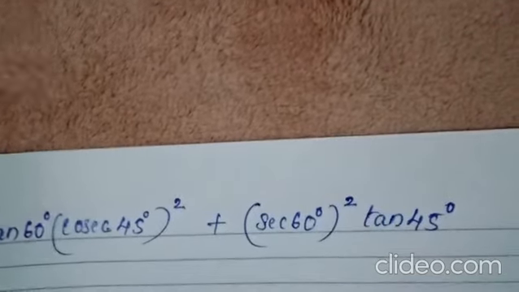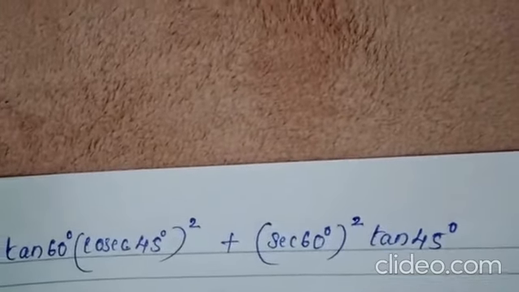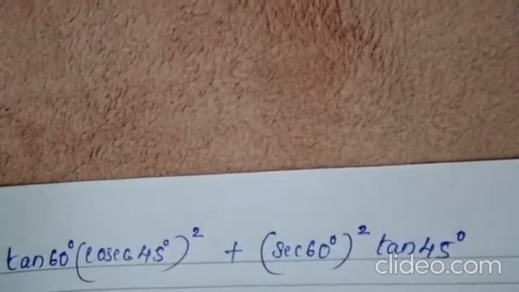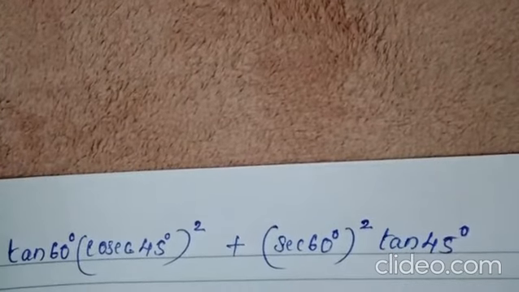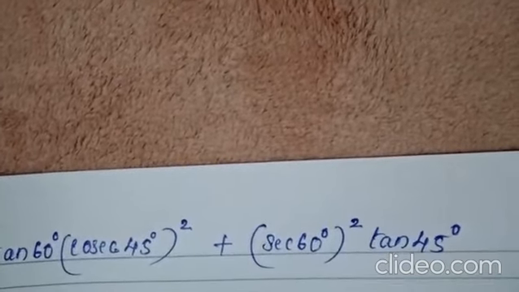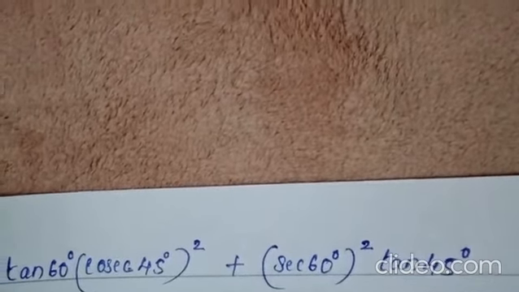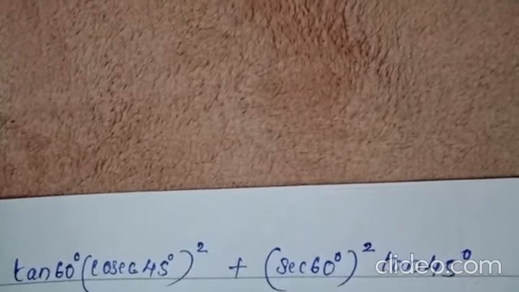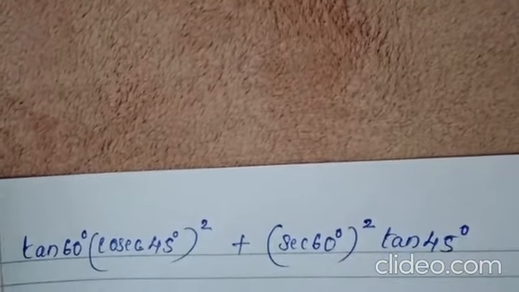The next question is from trigonometric ratio. Evaluate tan 60 degree cosec 45 degree whole square plus sec 60 degree the whole square tan 45 degree. In this case, we should substitute the value of all.